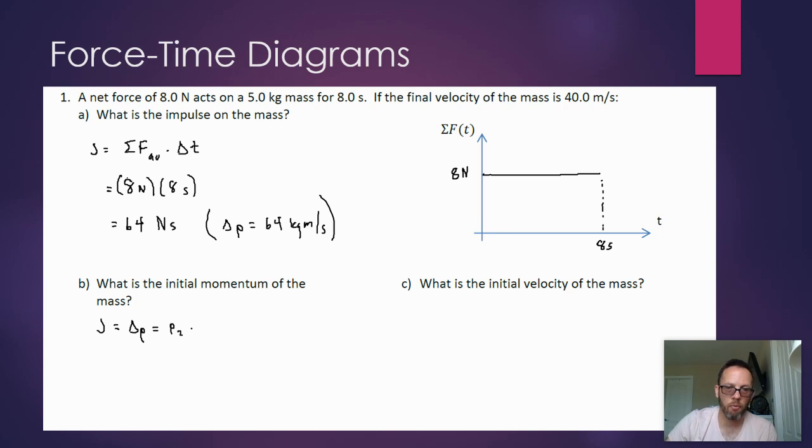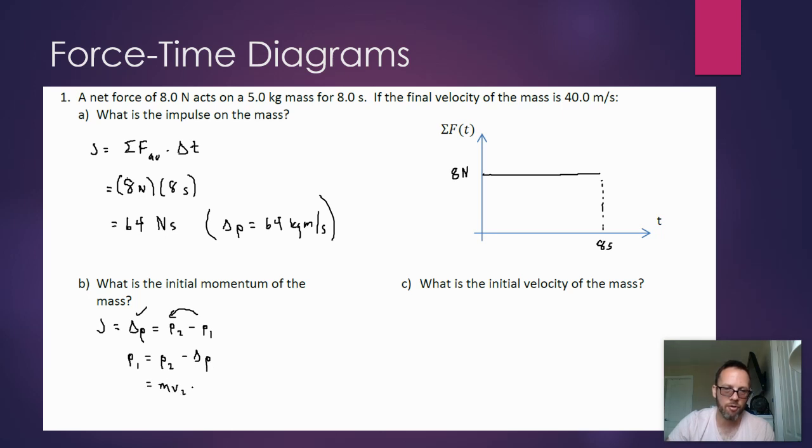Again, what I did before was totally fine, and that just gets part C directly. But I think my intention for this question was to do a bit more scaffolding. So we know the change of momentum, and we know p2 because we have the mass and final speed. So rearranging for p1, we get p2, so that's moving p1 to the left, moving delta p to the right, minus delta p. And so now we can do it.